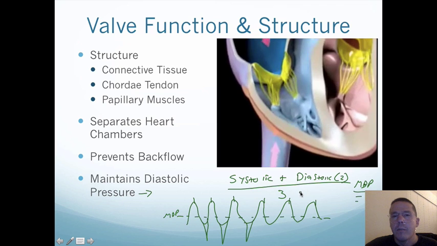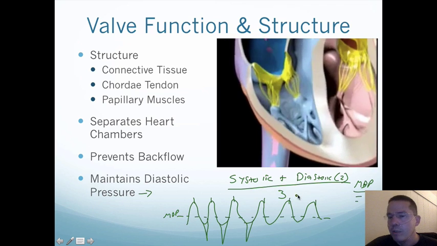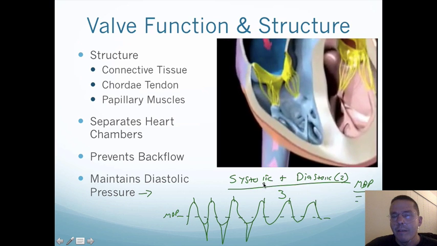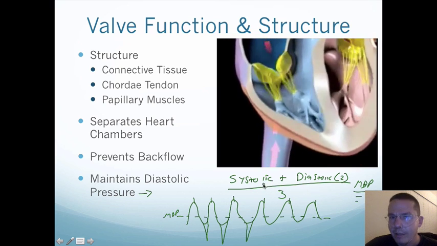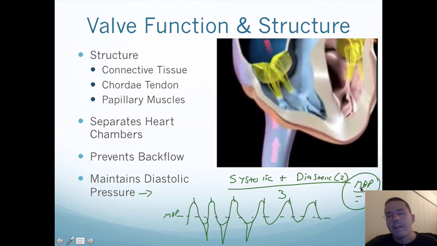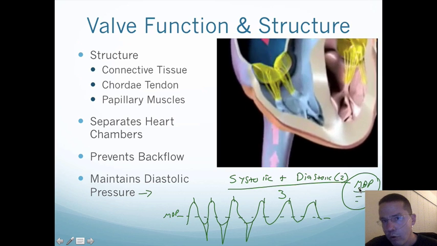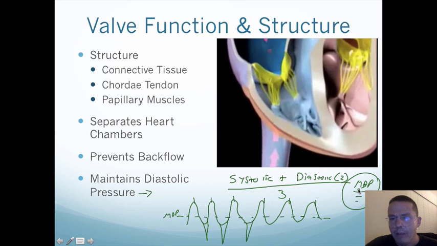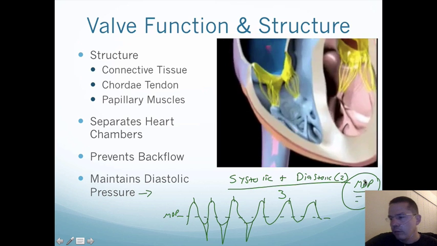So then your diastolic pressure is going to be much lower, and because your heart spends more time in the diastolic phase, twice as long as the systolic phase, you're going to have a much greater effect on your overall mean blood pressure, and thus an overall greater effect on distal organ perfusing pressure. I know this, like I said before, seems very abstract, but as we get into it, it becomes a lot clearer.